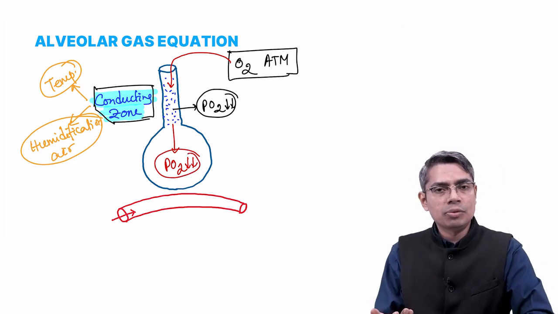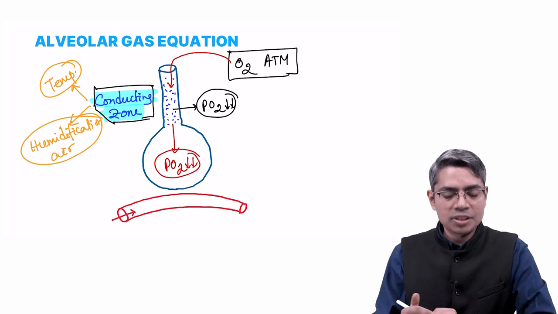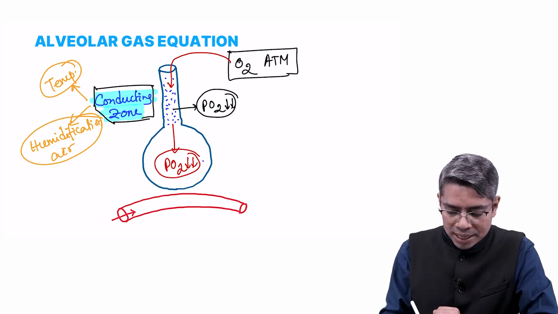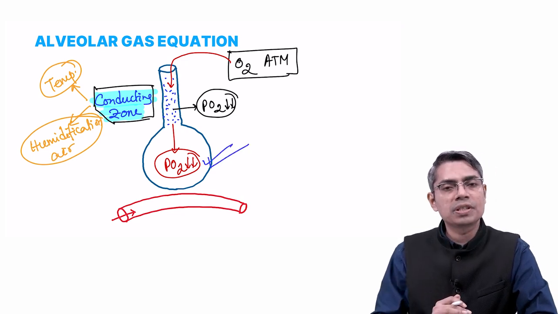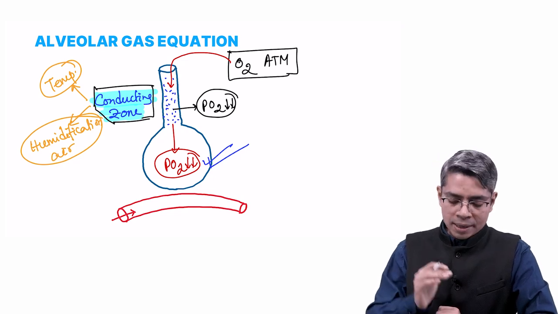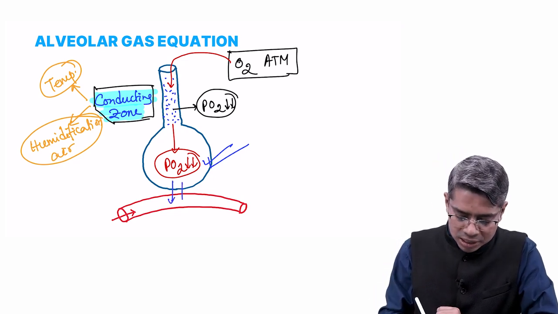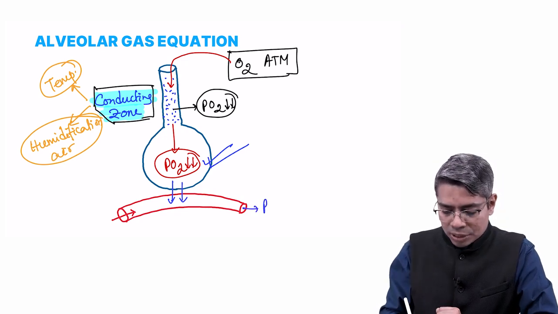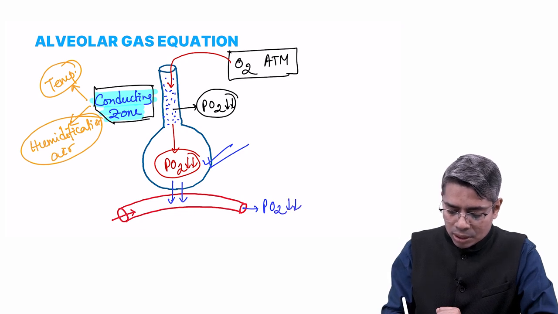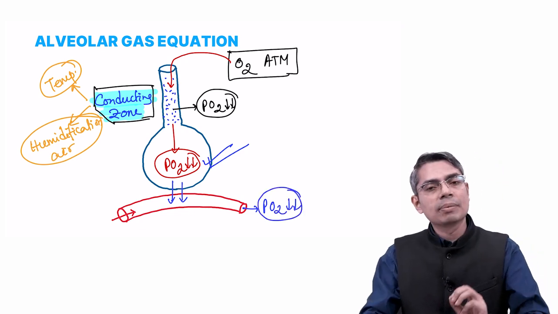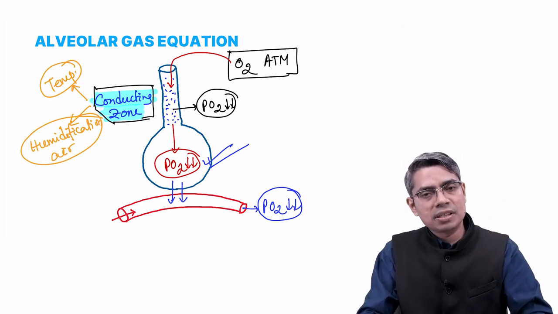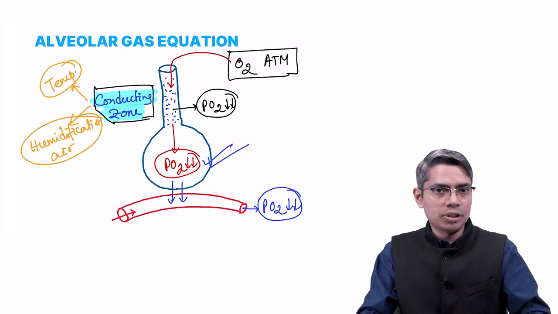Why this drop is going to happen, we are going to explain in this session, and we are also going to derive a formula by which we can directly calculate the partial pressure of oxygen at the level of alveoli. Then the oxygen is going to be transported to the capillary blood. The partial pressure of oxygen is going to decrease further when the oxygen reaches the capillary blood also. Why that decrease in partial pressure will happen, we are also going to understand.